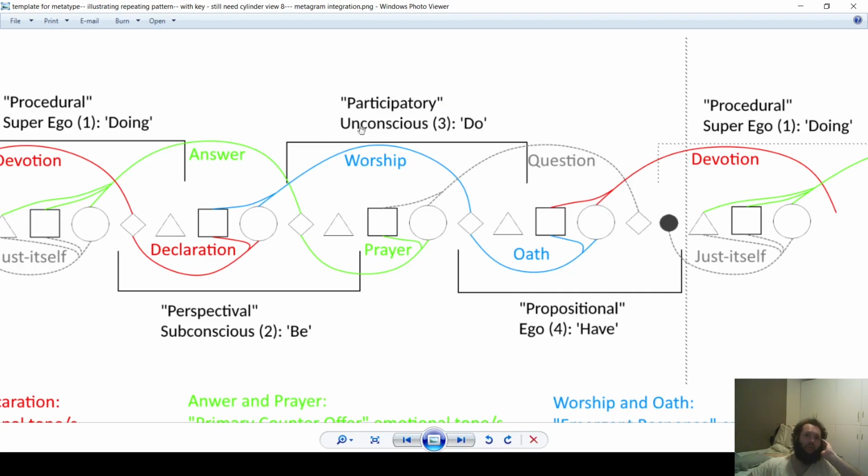And then obviously it gets more complex when you relate the perspectival to the propositional, and then relate the participatory to the propositional. Because of these two different natures, you end up with a complicated intersection here, and that is philosophically profound, because there are going to be ways in which the one impacts the other, and it's not like a complete feedback.